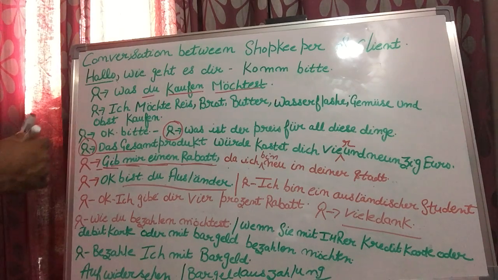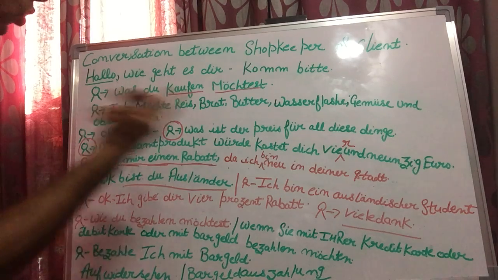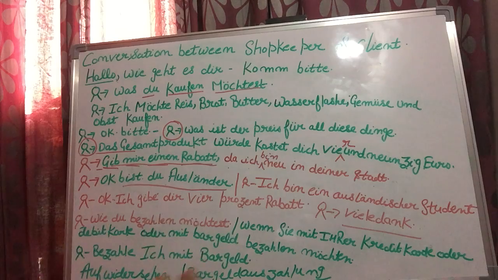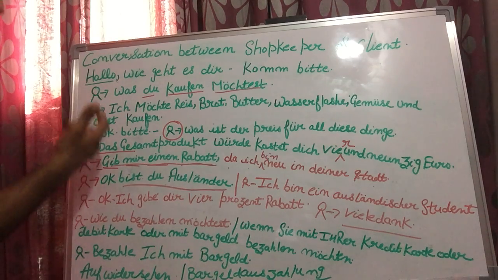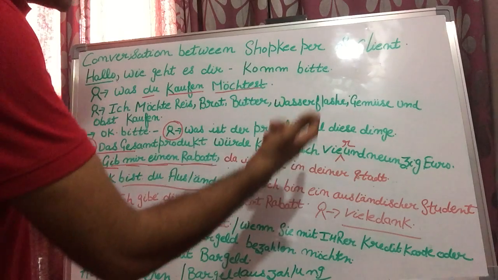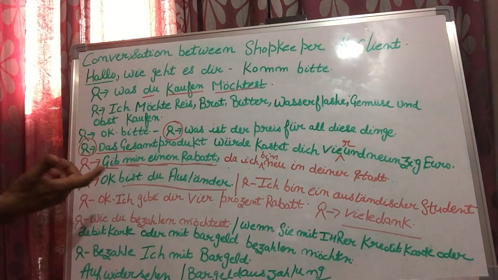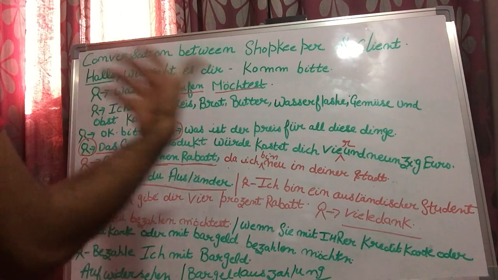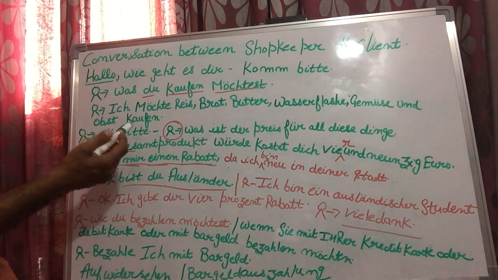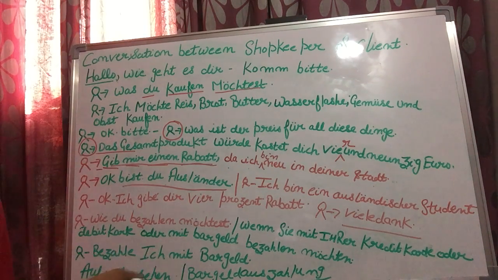Then the shopkeeper will say, was du kaufen möchtest? Was du kaufen möchtest means what you want to buy. So the customer will say, ich möchte Reis, Brot, Wasserflasche, Gemüse und Obst kaufen. It means I want to buy rice, bread, butter, water bottle, vegetables and fruits. Then the shopkeeper will say, okay, bitte, please.